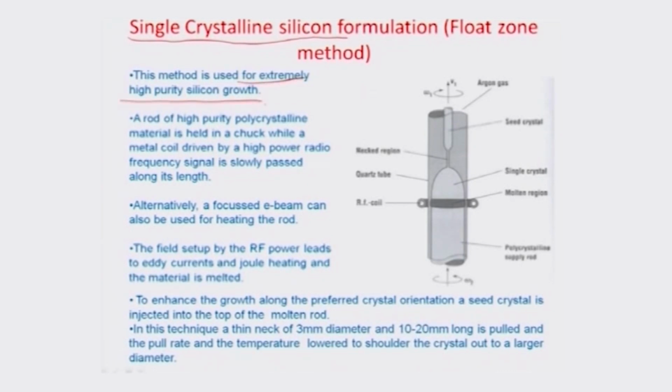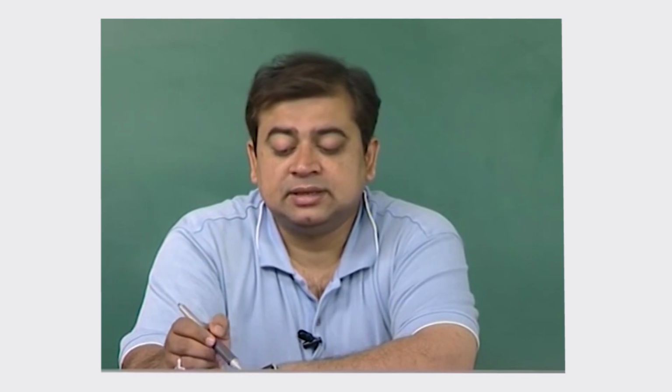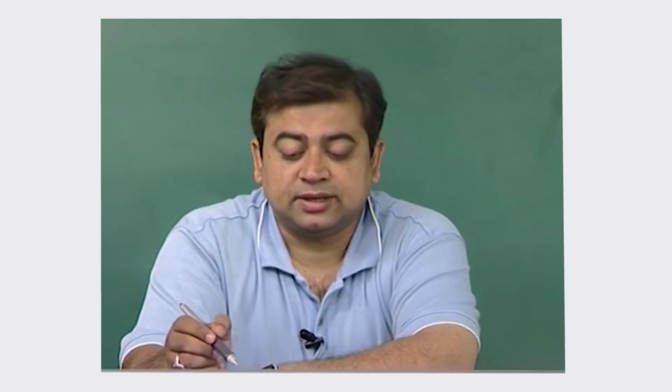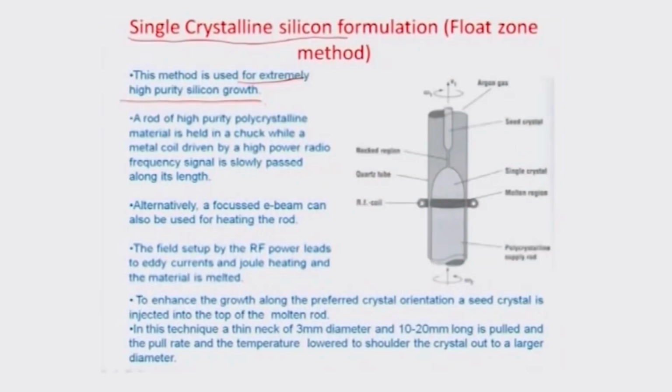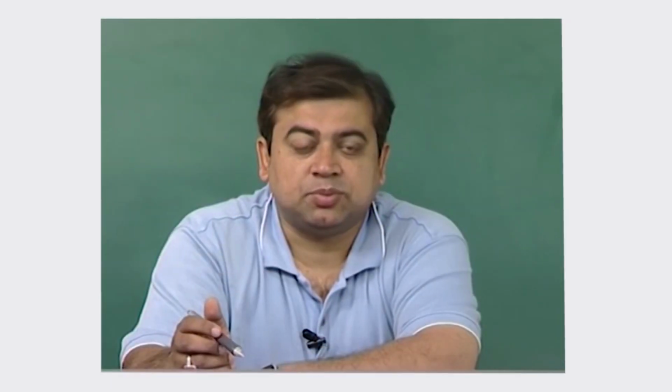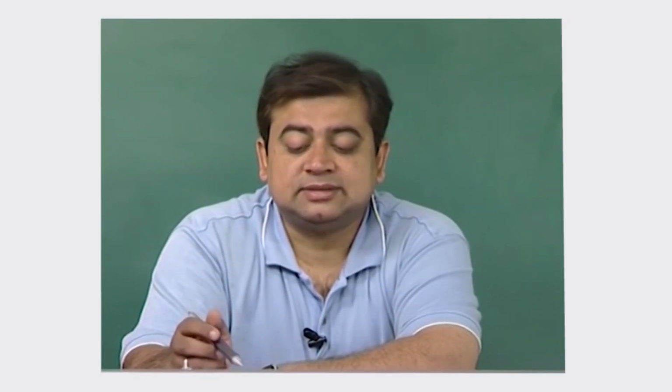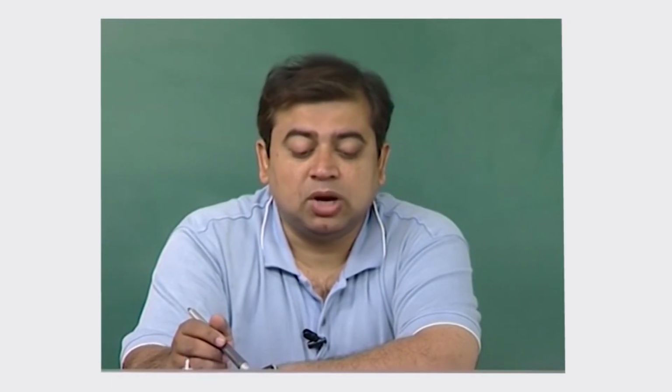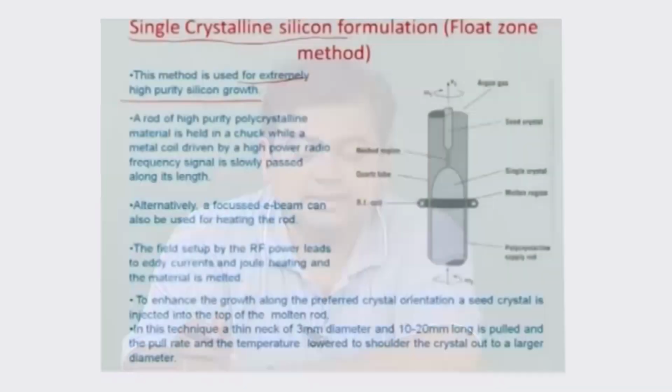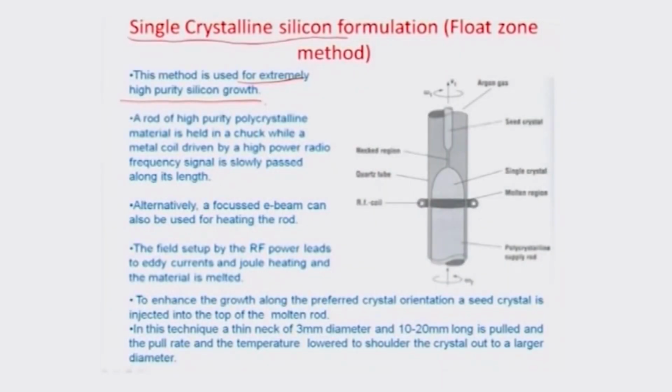Although the downside of this particular process is that you cannot really go above a certain diameter of wafer. Like in Czochralski, you could go up to any extent, including 8 inches or 5 inches. Bigger size wafers are also possible. In this particular case, it is only limited to smaller size wafers, and the process for production really is similar.